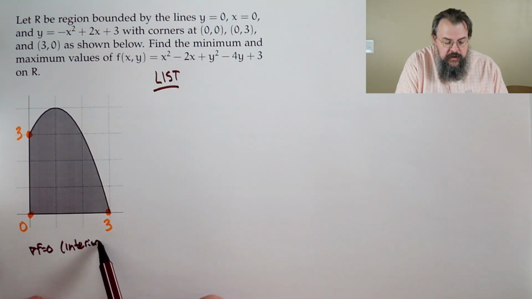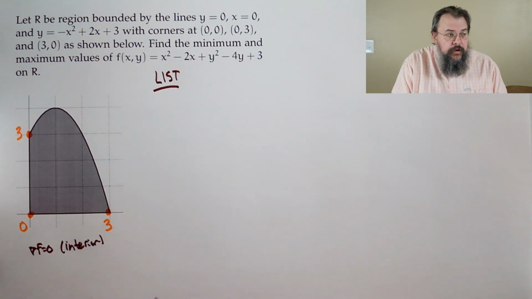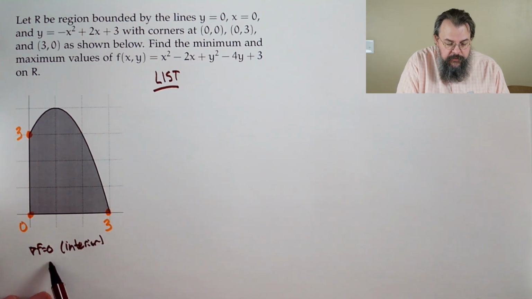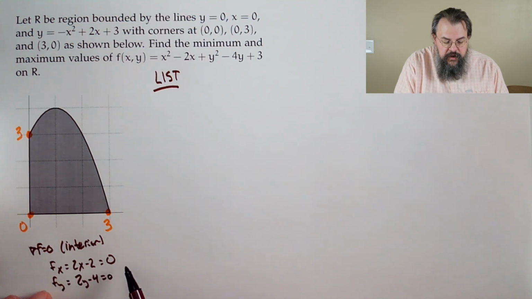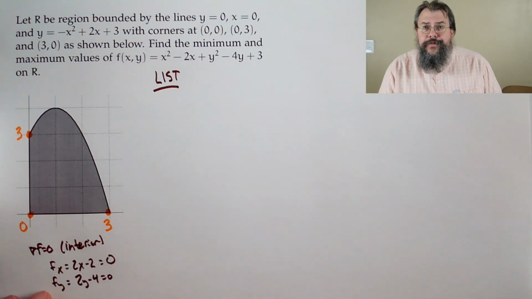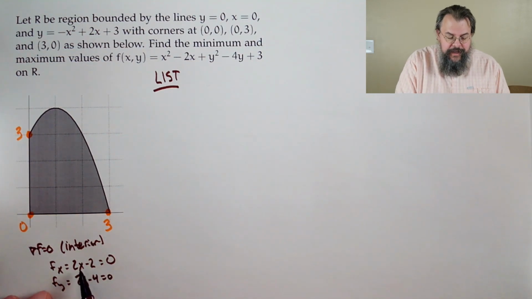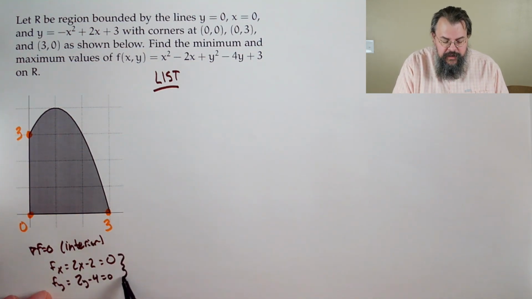We're going to have f sub x, 2x minus 2 equals 0. F sub y, 2y minus 4 equals 0. Okay, well that's pretty straightforward. We can read it off, right? That says x equals 1 and y equals 2.